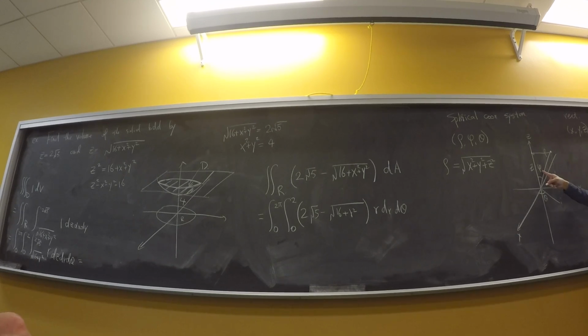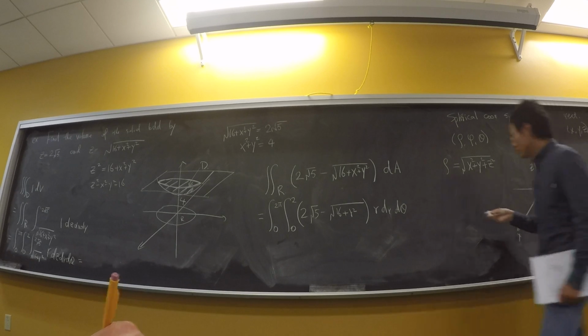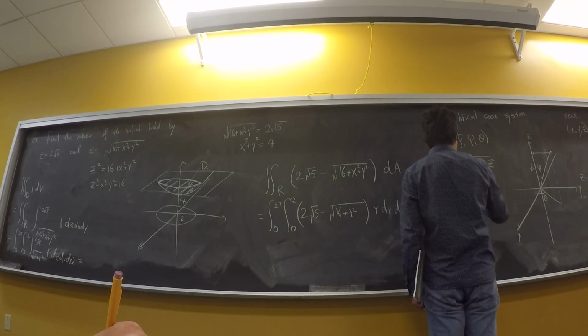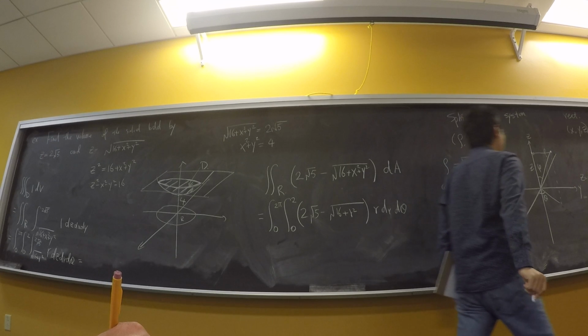In this right triangle, z is equal to rho multiplied by cosine phi. I'm not writing them in the x, y, z order, but in a logical order. So z is equal to rho times cosine phi, or cosine phi is equal to z divided by rho.